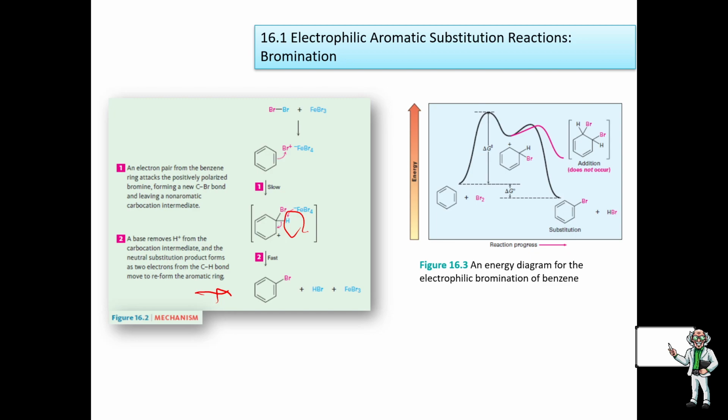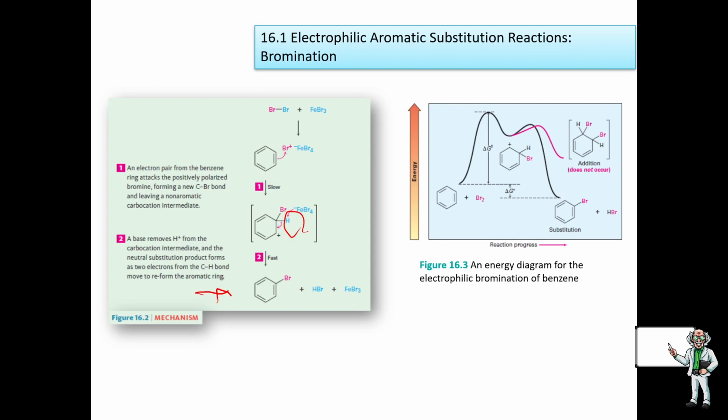We gain stability, that means the system will want to gain this stability, so it is more favorable to get the elimination and regenerate the aromaticity than to add a nucleophile to the carbocation, because if we add a nucleophile to the carbocation, we will have a compound that is not aromatic. Ergo, it will be less stable.